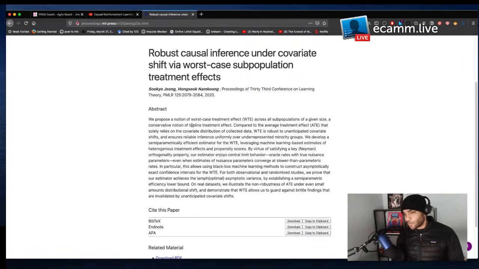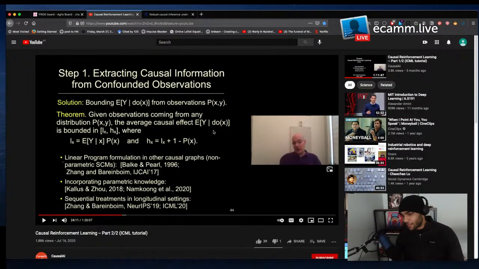We propose the notion of a worst case, conservative notion of top-line treatment effect across populations of a given size. So what is the treatment effect? The difference between do(x) at two values of x gives you a causal effect or a treatment effect. Usually average causal effect means a difference between two things, but you have to calculate this to get a causal effect anyway, so I'm happy with that definition.